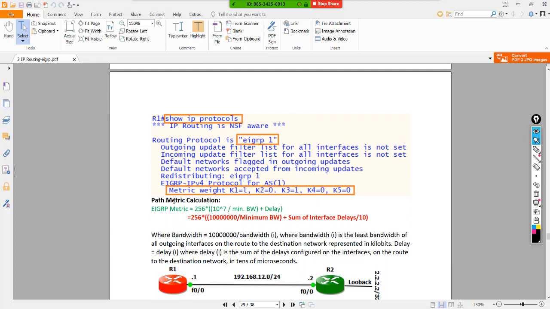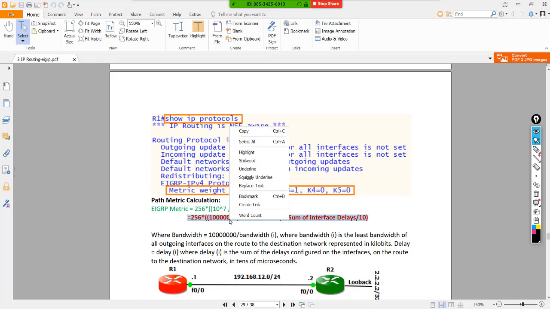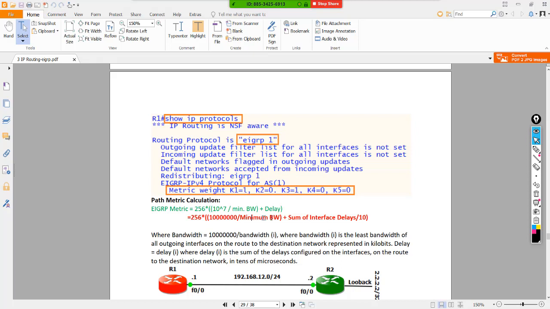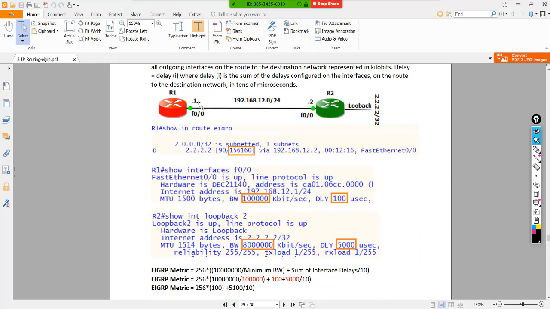This is the path calculation, which has a standard reference of 10 to the power 7, and this is my bandwidth, the minimum bandwidth. As you know, it's the one minimum bandwidth throughout the topology, whereas in the case of delay, it's a sum of outgoing interfaces. Don't consider ingress, it's the outgoing interface.